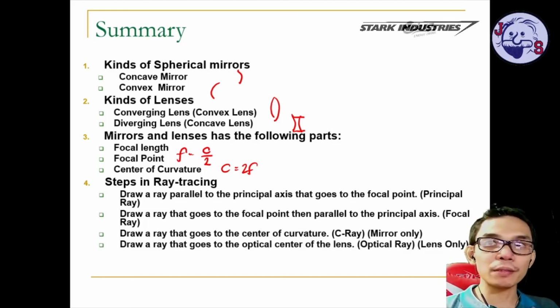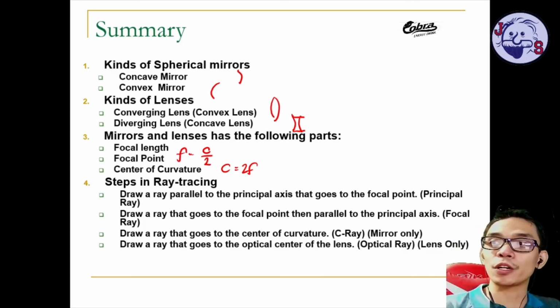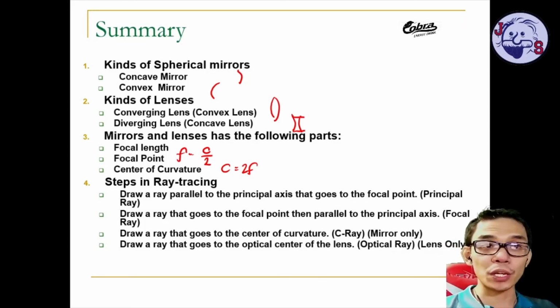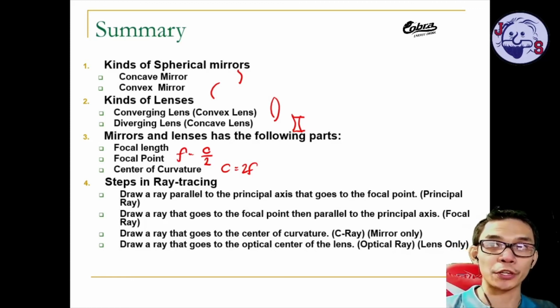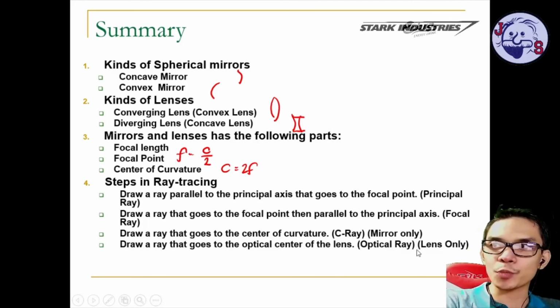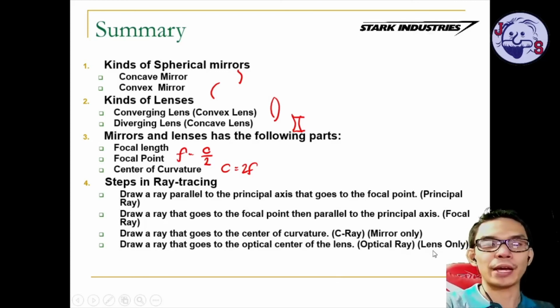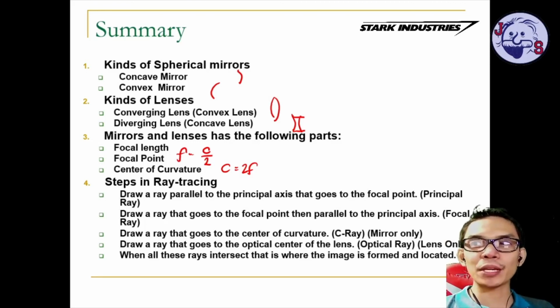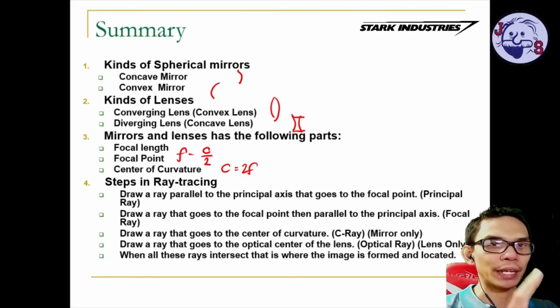The other ray, for lenses only, is called the optical ray. Again, this is optional; it varies on the situation whether you draw these third rays. When all rays intersect, that is where the image is formed and located.